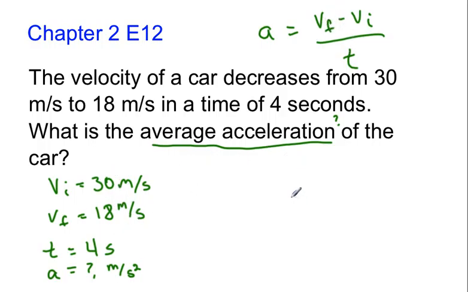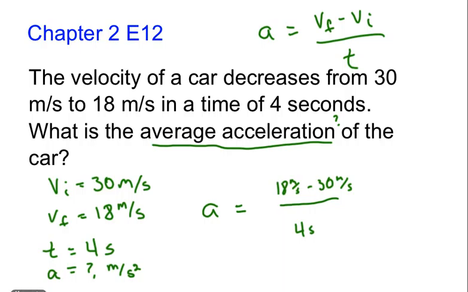We have a VF of 18 meters per second, and we're going to subtract 30 meters per second because that's our VI. Then we divide by a time of 4 seconds, and that's equal to our acceleration.